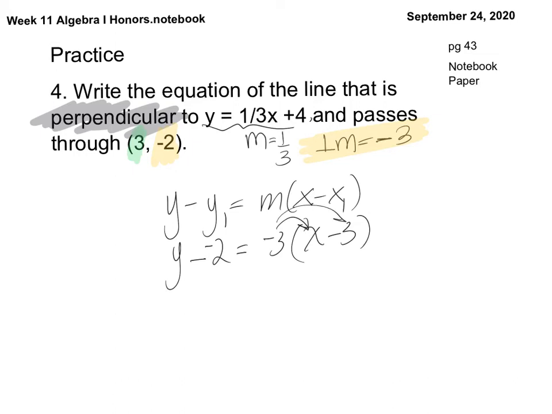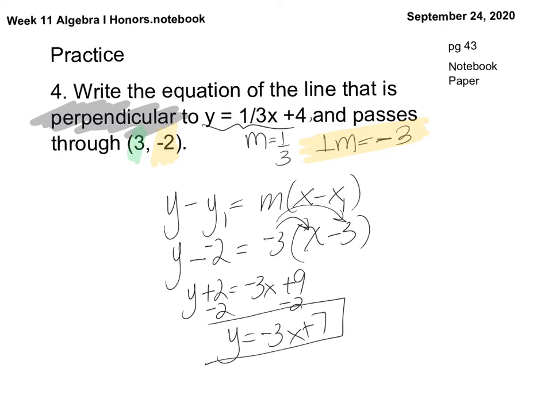Distribute your negative 3. y plus 2 equals negative 3x plus 9. Subtract 2 from both sides to get your y alone. y equals negative 3x plus 7. That's the equation of the line that's perpendicular to y equals 1/3 x plus 4 and passes through (3, negative 2).